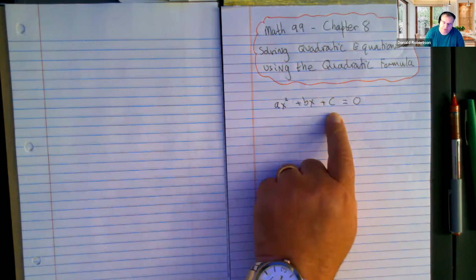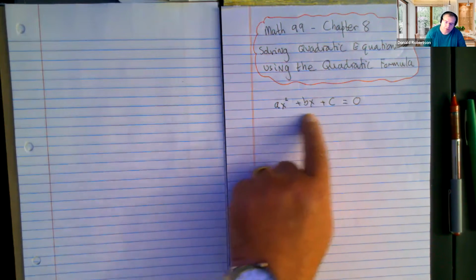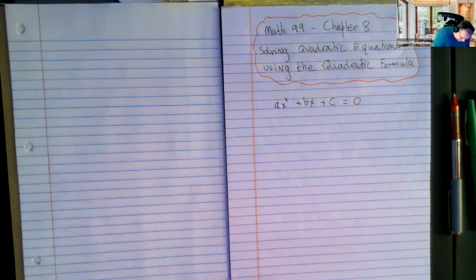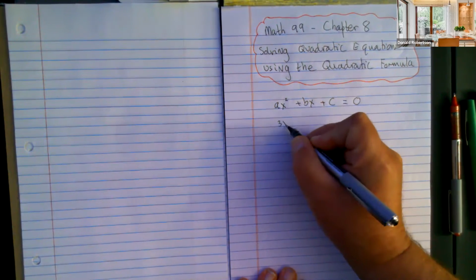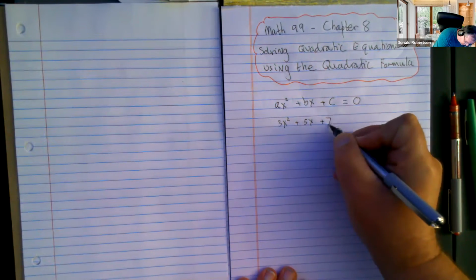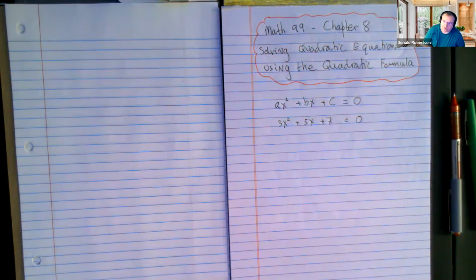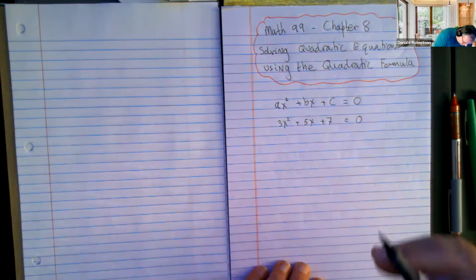So you may have to rearrange the equation the way it's given so that it becomes its standard form. For instance, 3x squared plus 5x plus 7 equals 0 would be an example of a quadratic equation written in its standard form.